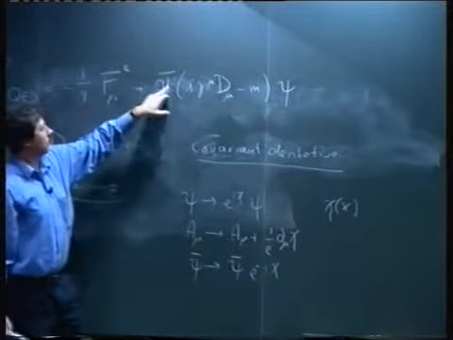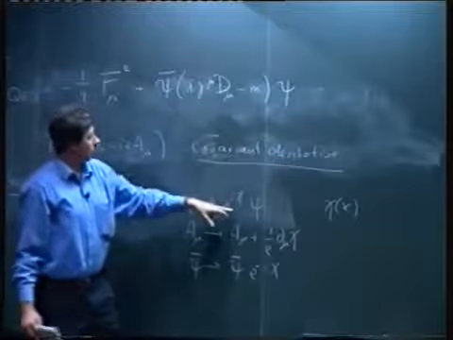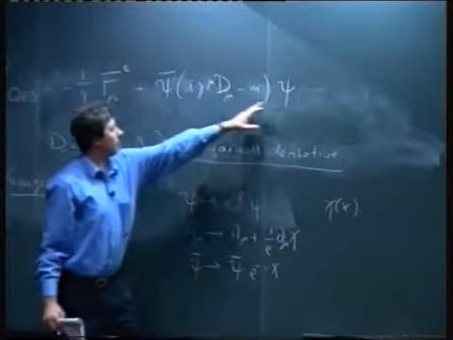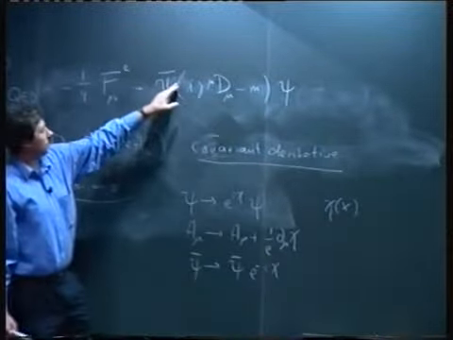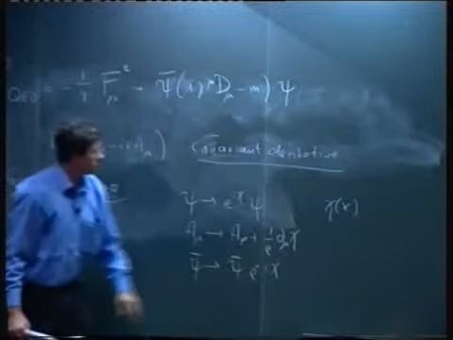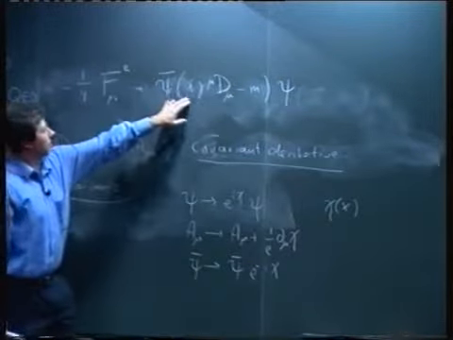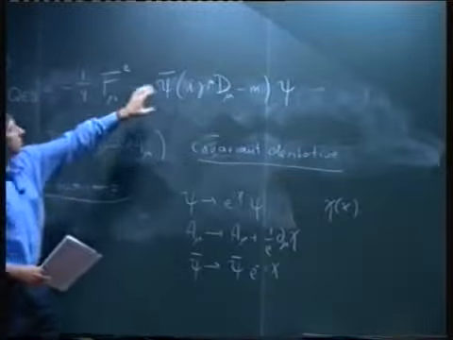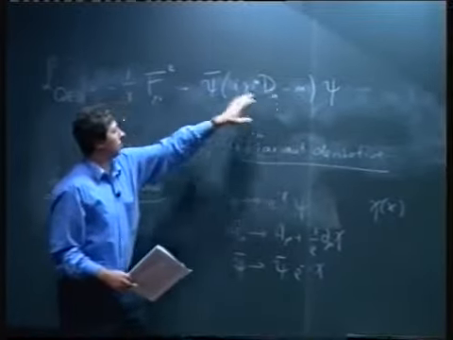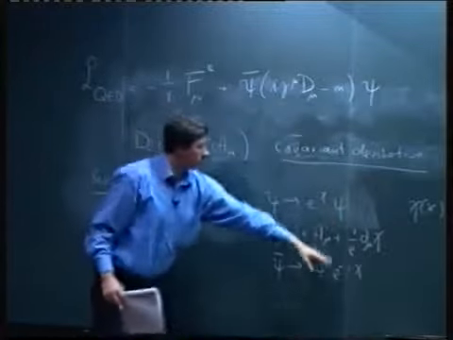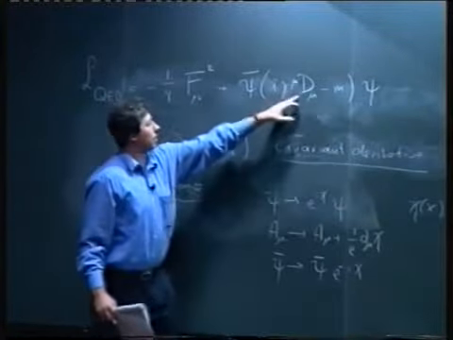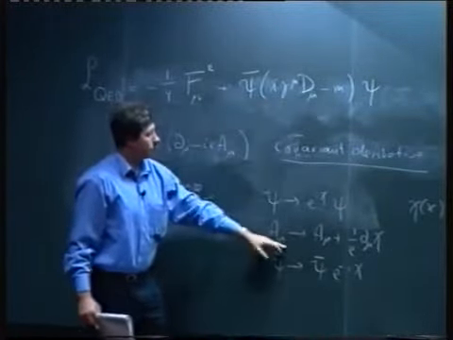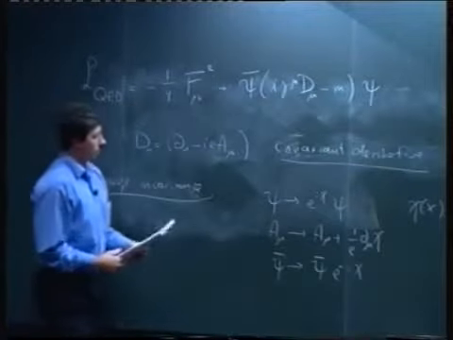The only thing you have to check now is that the e to the i chi, which multiplies psi, can be taken through to the other side and then cancel the other phase. And that's precisely what the covariant derivative is designed to do, that such a phase factor can simply be taken through if you simultaneously transform the gauge potential.